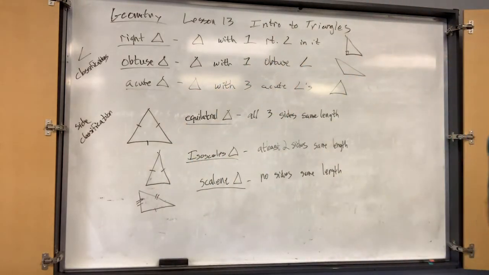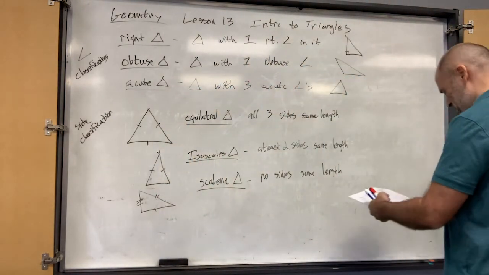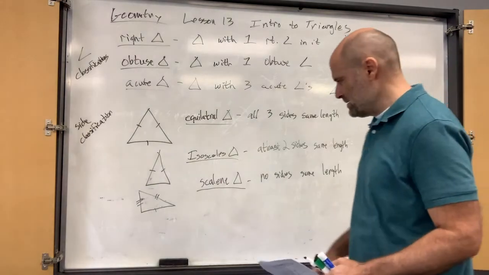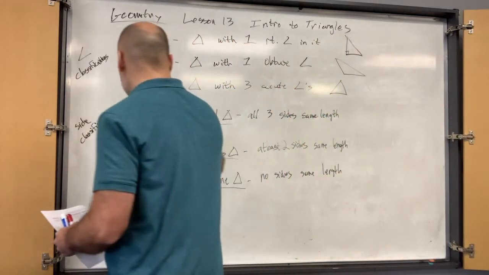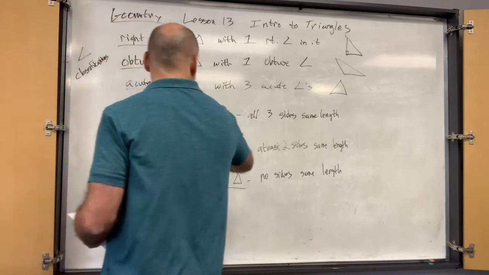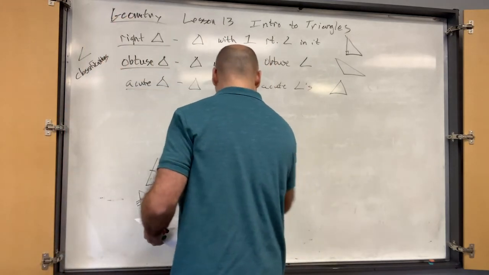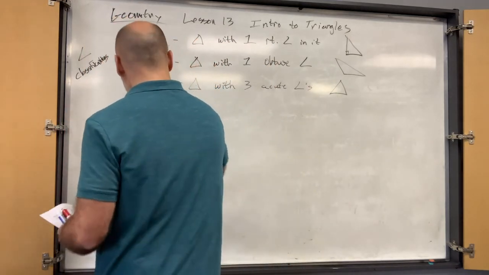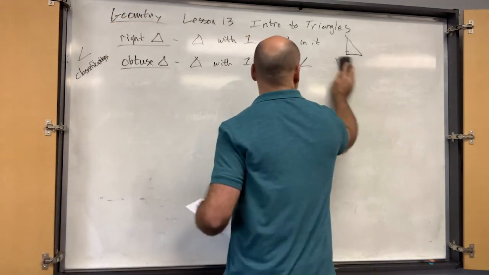So, the vertex of a triangle is one of the points where 2 sides of the triangle intersect. A lot of this is review, but we'll write it out. So every triangle has how many vertices? 3.